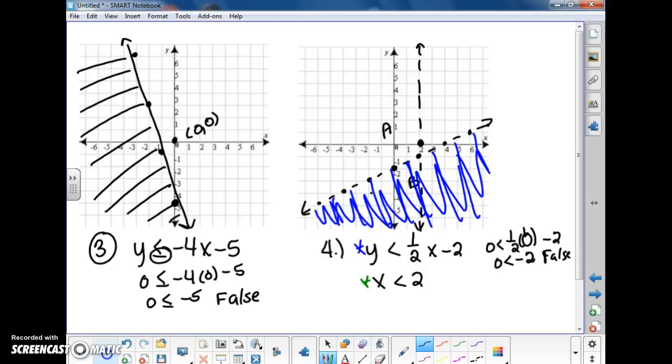I can use 0, 0 on this one as well. So I plug 0 in for x. Is 0 less than 2? That's a true statement. So I need to shade the region that contains 0, 0. I'm going to shade it in green.